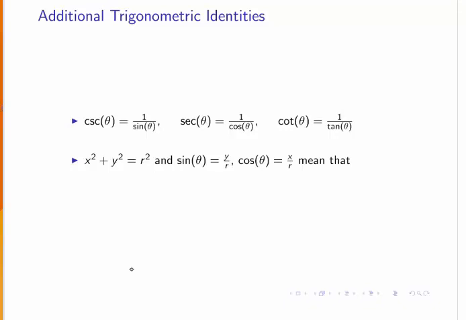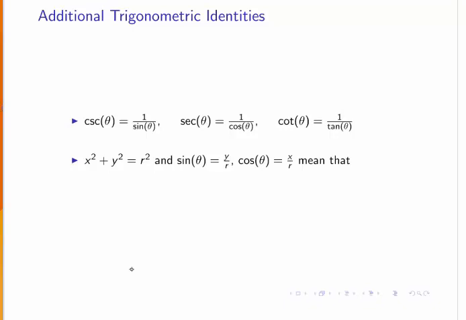So there are additional trig identities. Cosecant is 1 over sine, secant is 1 over cos, cotan is 1 over tan. If we remember the Pythagorean theorem, x squared plus y squared is equal to r squared, then we can get an interesting relationship between sine and cosine.